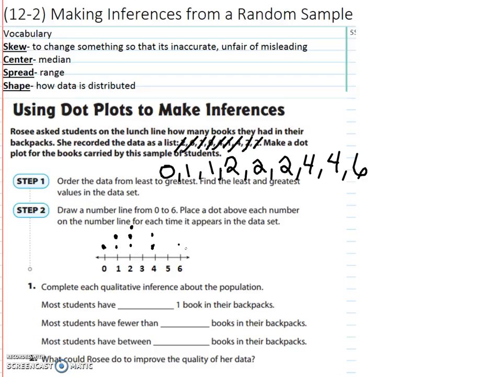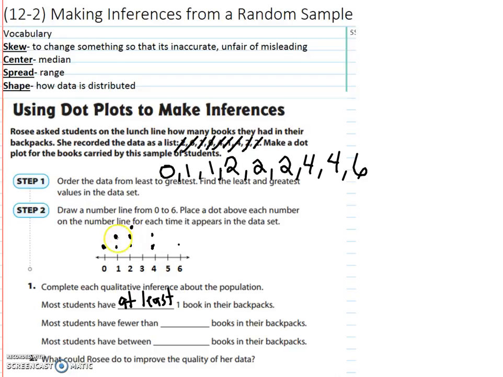Okay, complete each qualitative inference about the population. Most students have at least 1 book in their backpack. At least, remember, is a keyword for greater than or equal to.